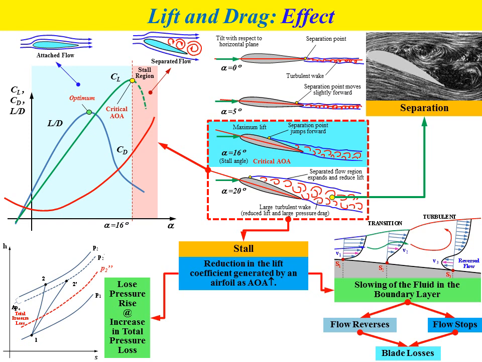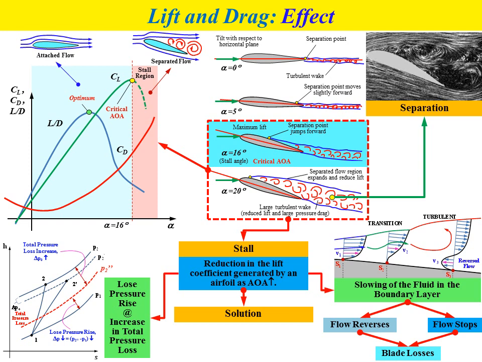So our new pressure rise is P2 double prime minus P1, and we have a higher value of total pressure loss, where delta P naught increases, represented by P2 minus P2 double prime. So the lost pressure rise delta P for this stalling case refers to P2 double prime minus P1.